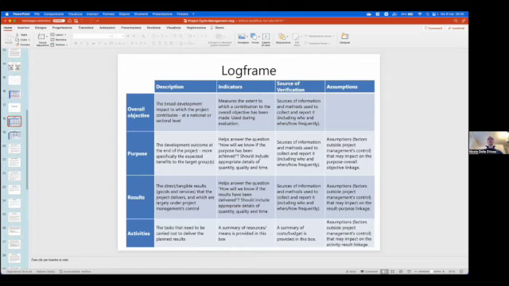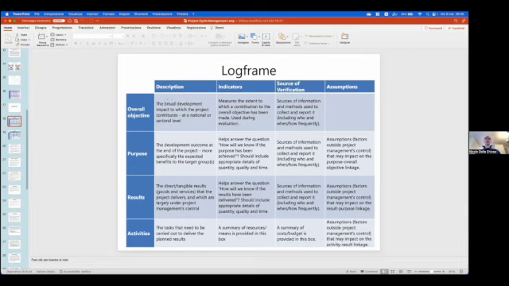So what is a logical framework? You have already worked on logical frameworks, so of course you already know the tool, but I think it is interesting just to go through the different parts of the logical framework to see a bit more in depth what they contain, and then see an example.